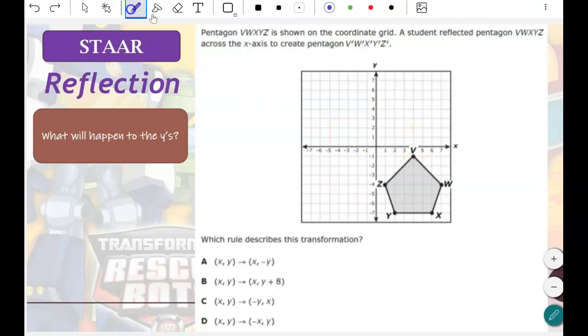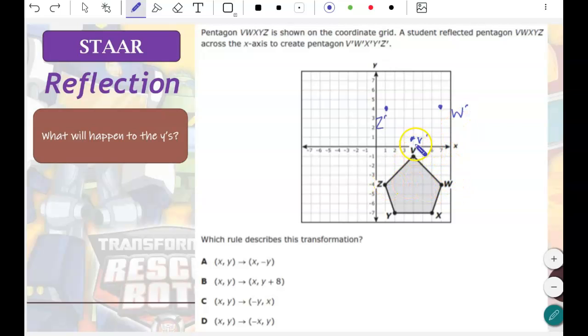I'm just going to put a point there just so you kind of visualize this. So the V prime would be here. The Z prime would be here. The W would be here, and so on. So just so you have that visualization.